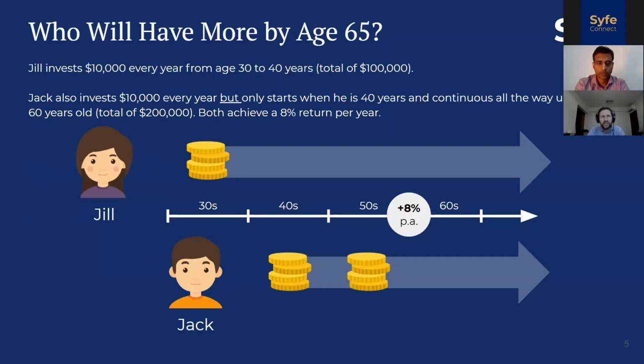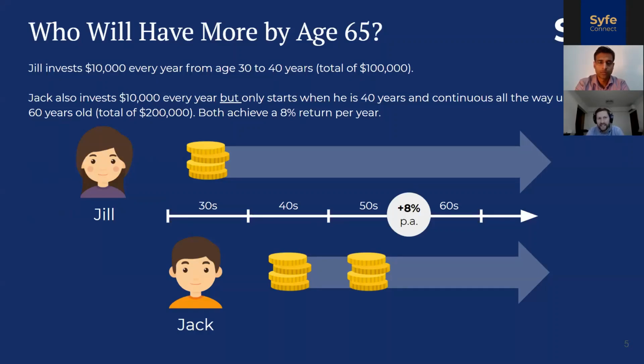Now, Jill invests $10,000 every year. She invests from age 30 to age 40. And over those 10 years, she invests a total of $100,000. Jack, on the other hand, he also invests $10,000 every year, but he only starts when he is 40.